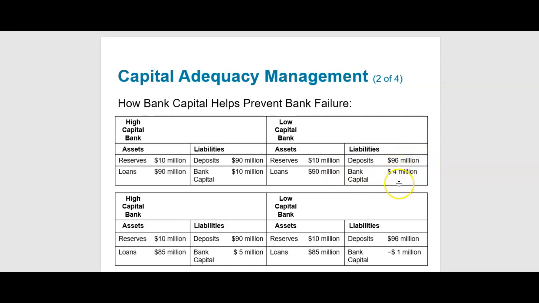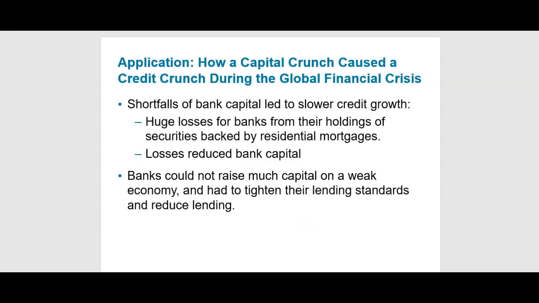I have to take it from the capital, but then a reduced capital means I have to reduce the lending portion again. That was the cycle that we saw during the financial crisis. So banks couldn't raise much capital in a weak economy, and had to tighten their lending standards and reduce the lending.